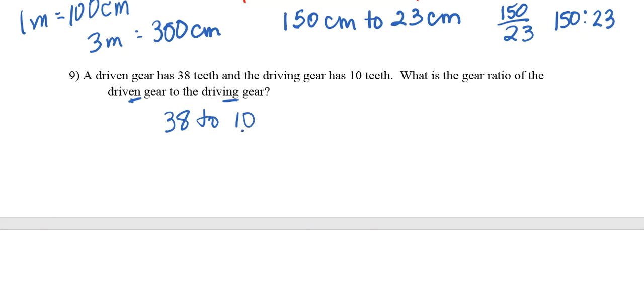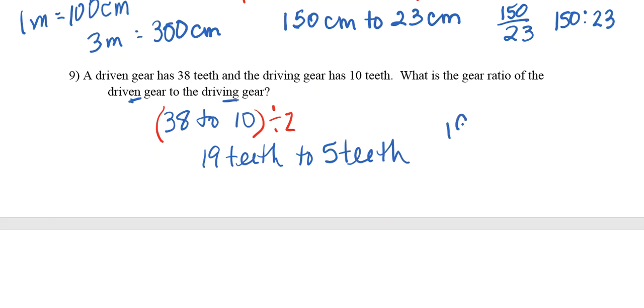But both 38 and 10 can be reduced. They're both divisible by 2, so we're going to do that. And when we do that, we end up getting 38 divided by 2 is 19. So it's 19 teeth to 5 teeth, or 19 over 5, or 19 colon 5.